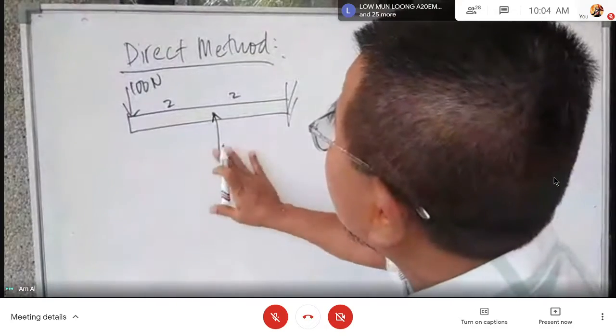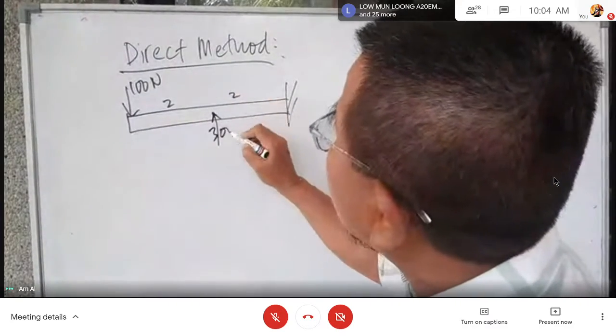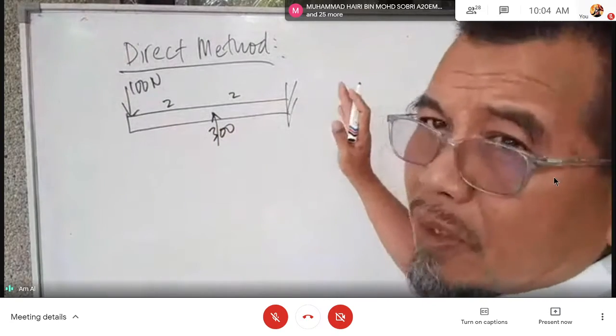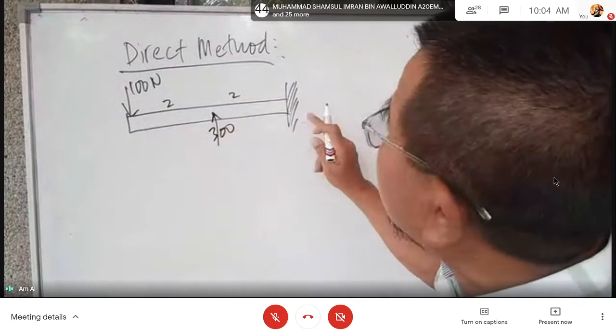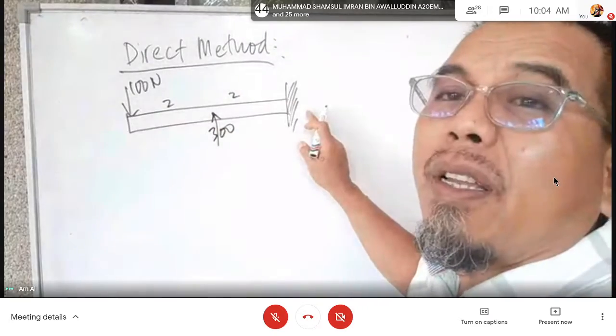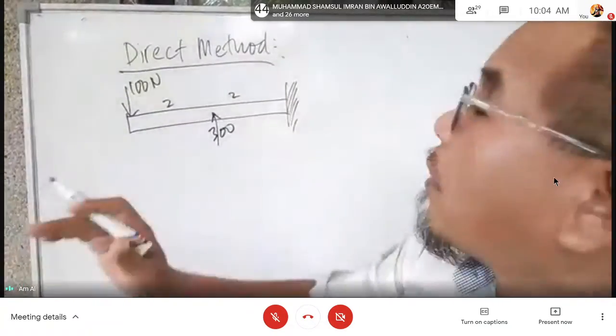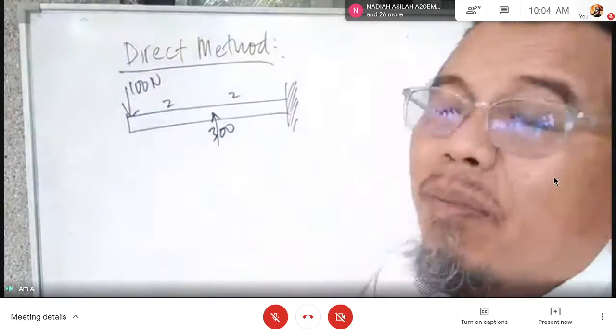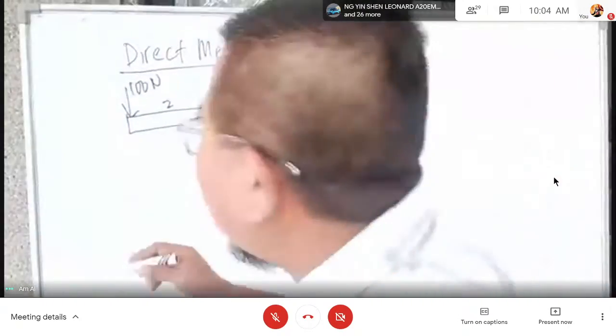I want to start from the left or from the right. If I start from the right, then I have to find all the reactions. Now I want to start from the left. I don't have to find the reaction, but I can find the reaction later on by doing the graph. Okay, let's do that one.